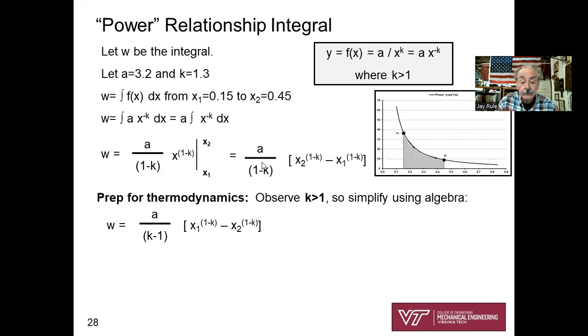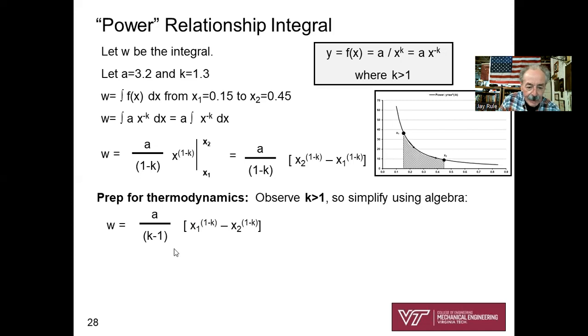This will work. You could go right to your calculator, put in the value for k, 1.3, and the value for a, 3.2, and get a numerical result. But looking ahead, to minimize calculator work, I'm going to switch it. Notice here the denominator 1 minus k.